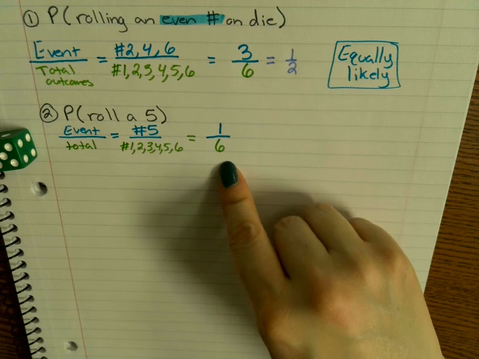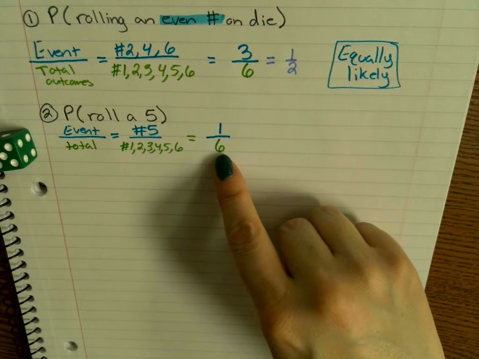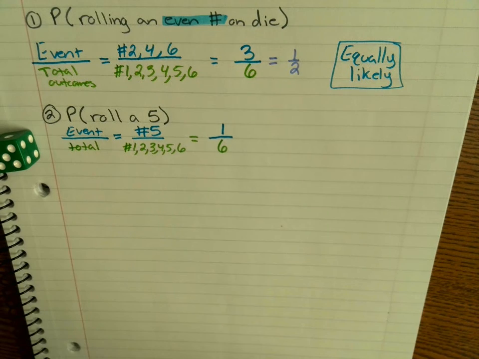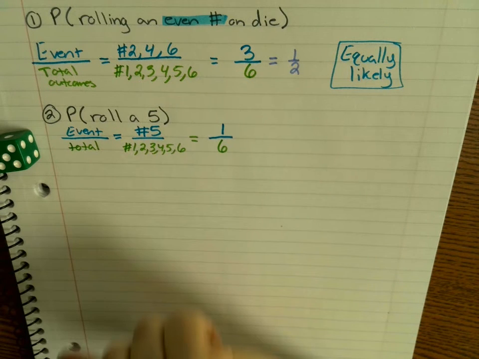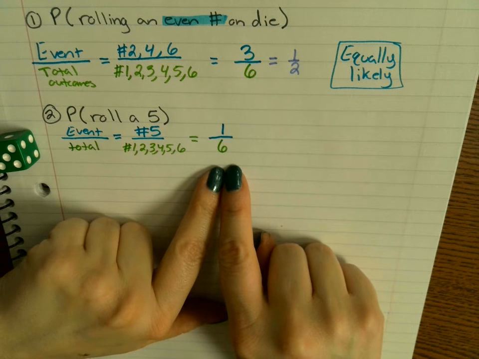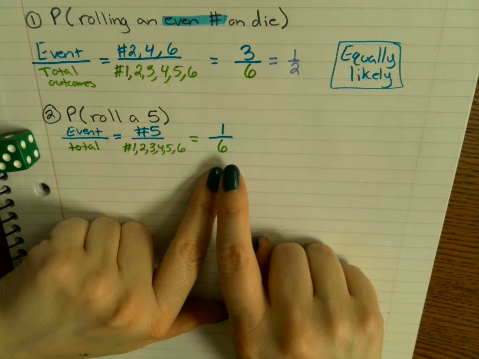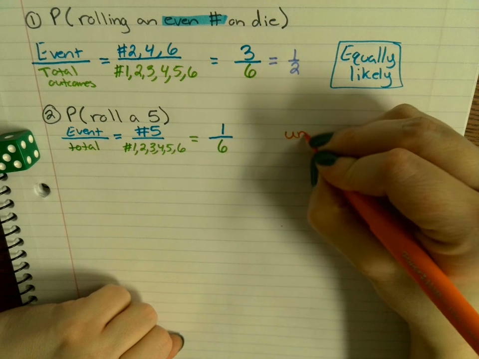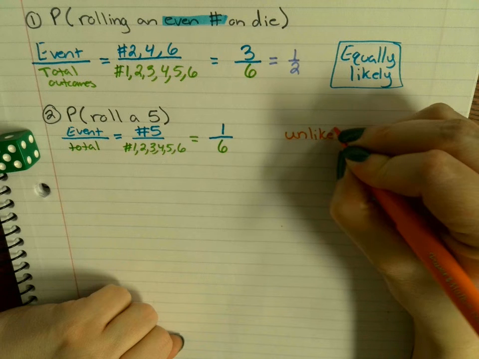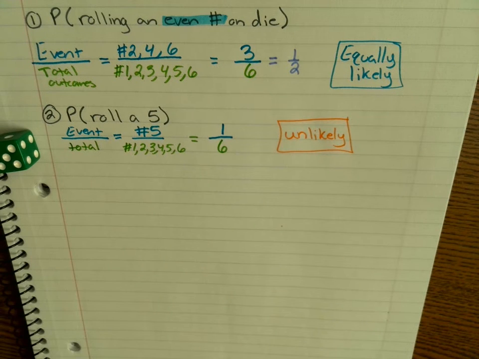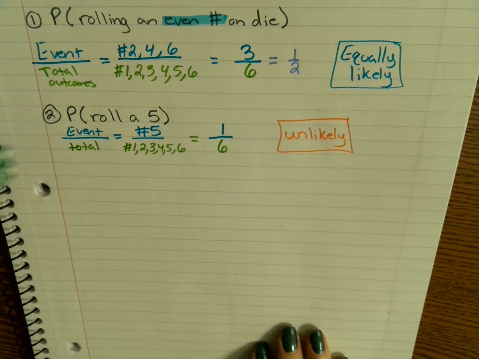So we have to decide, is it going to be in the unlikely range or the likely range? Unlikely. It's smaller than a half, but greater than 0. So this is going to be unlikely to occur. It still has a chance to happen, just not that great, like almost a 17% chance of happening.